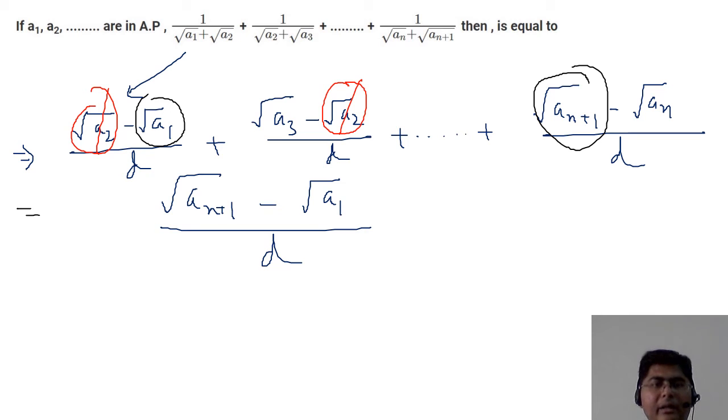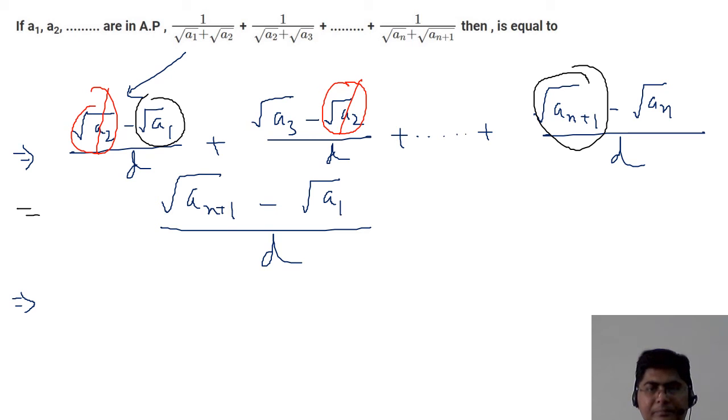Okay, we are almost close to the solutions, but we need to do something else. Now see here, we cannot have any relations because root over a n plus 1 and root over a1 have no relations, but we know that a n plus 1 and a1 has one relation that we have derived earlier. So what should we do?